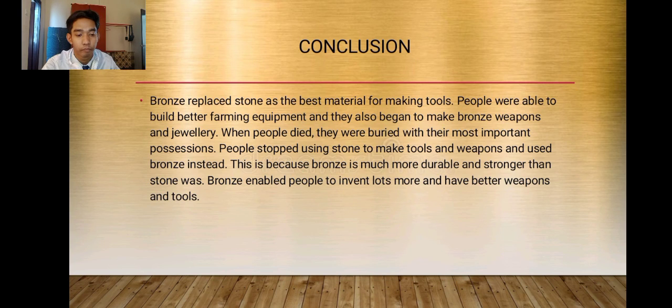People stopped using stone to make tools and weapons and used bronze instead. This is because bronze is much more durable and stronger than stone was. Bronze enabled people to invent lots more and have better weapons and tools.